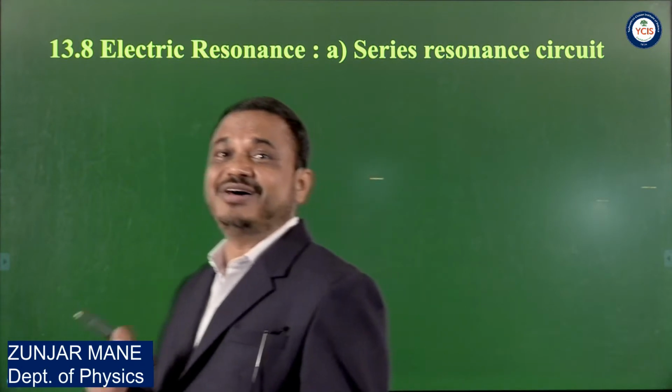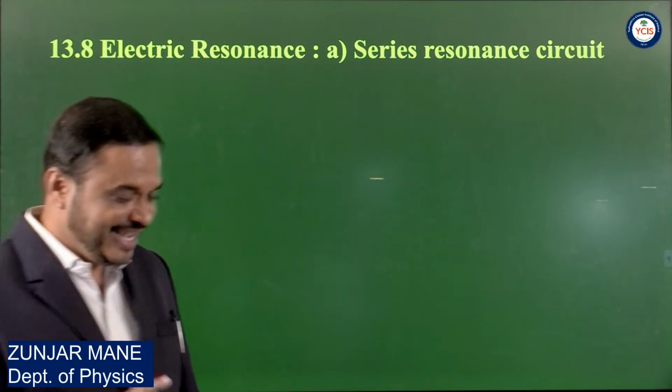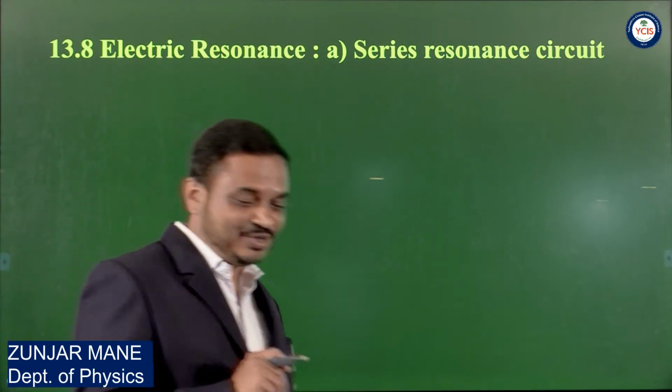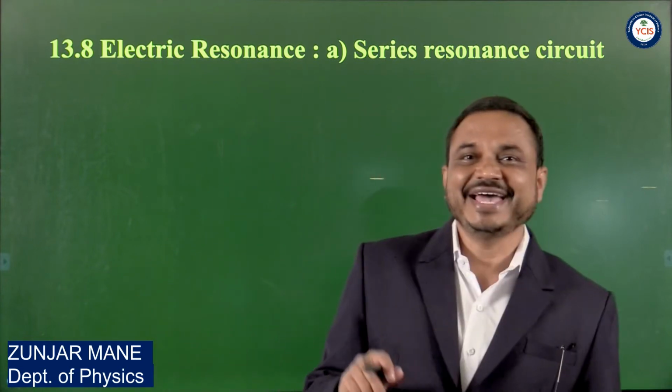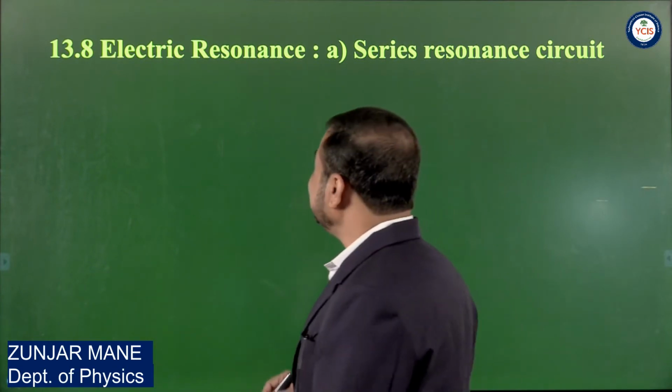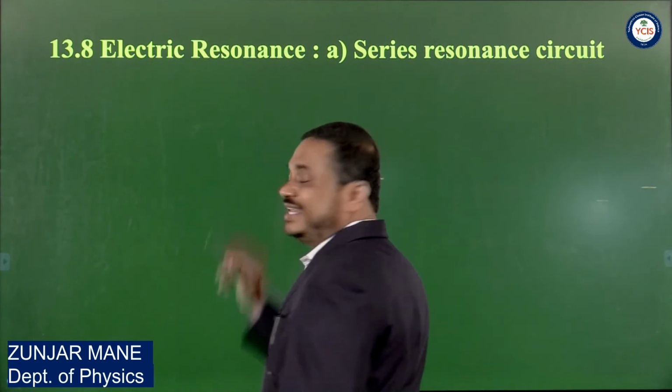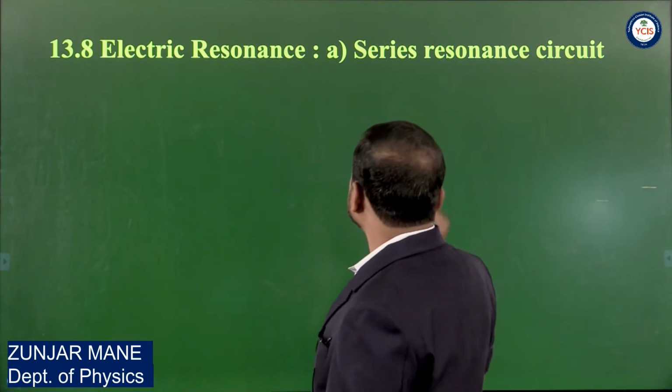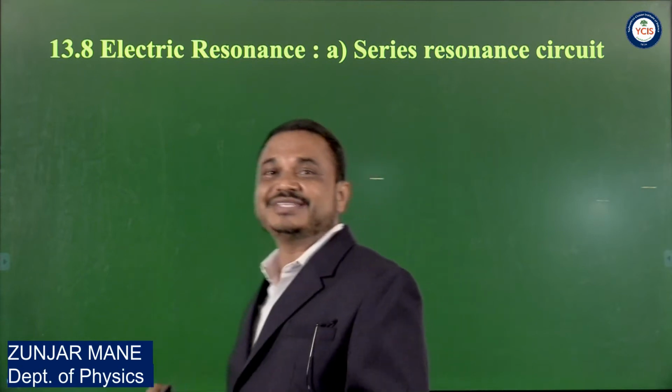It is based on electric resonance, and there are two types of electric resonance: series resonance and parallel resonance. First we have to see the series resonance circuit.